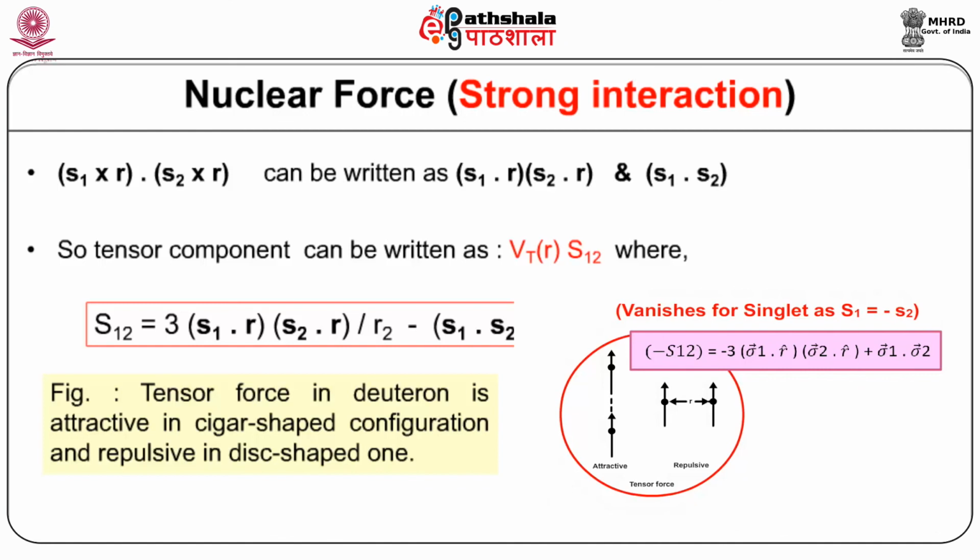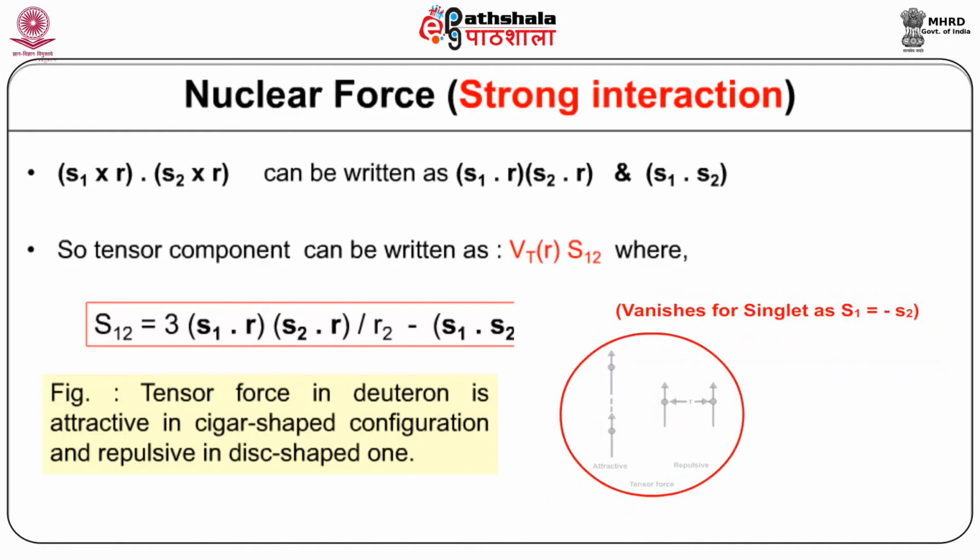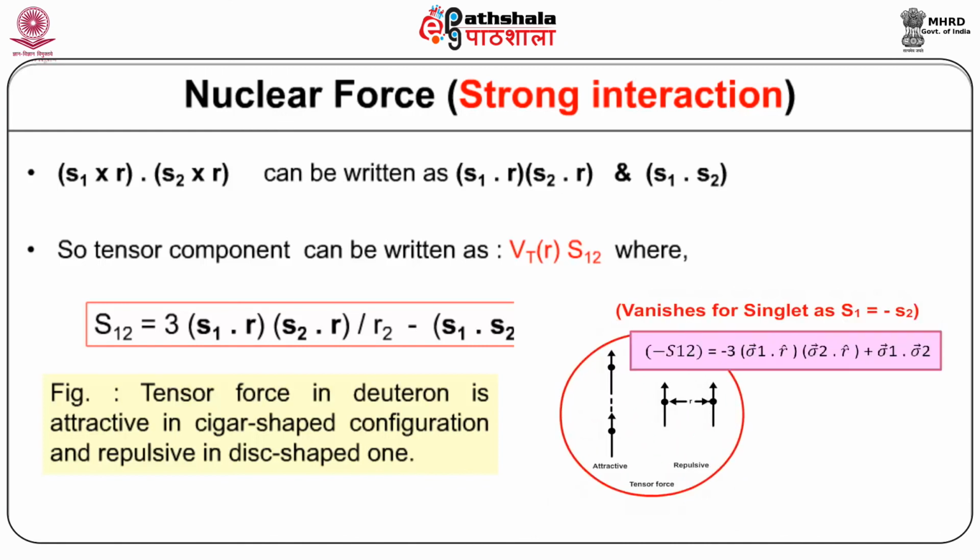Now here we can see that the tensor force is represented. The tensor force in the deuteron is attractive in a cigar-shaped configuration and repulsive in a disc-shaped one. So there are two possibilities in the deuteron for the spin of the proton and the spin of the neutron: one is called cigar-shaped, another is called disc-shaped.